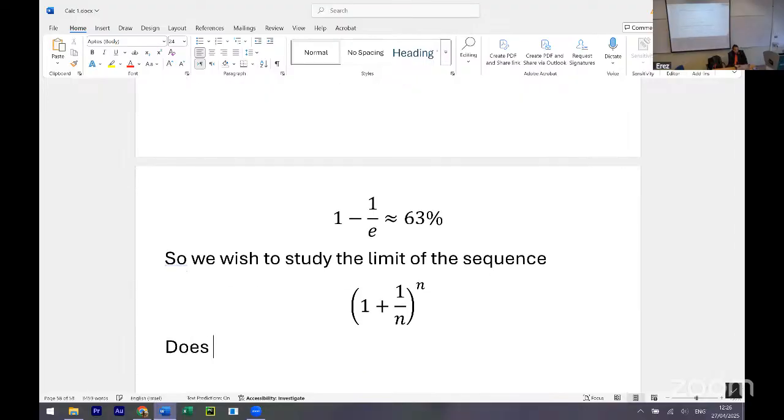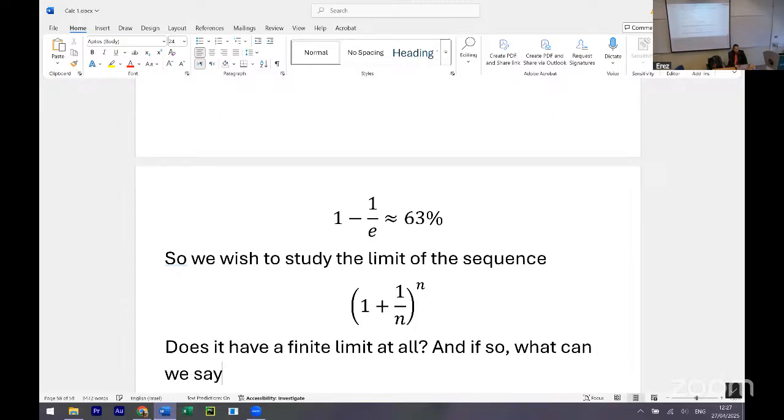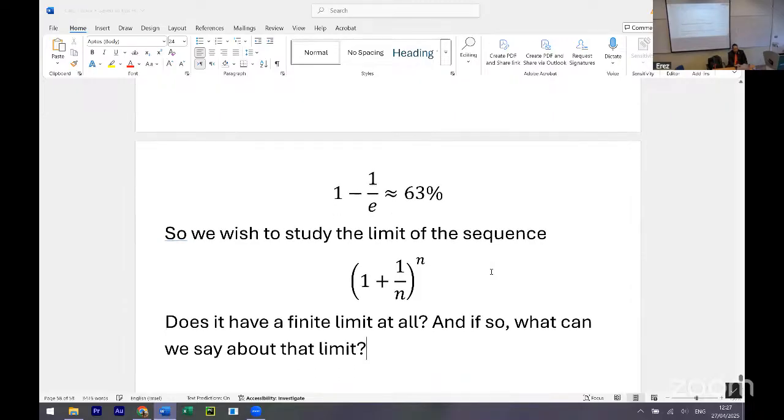Does it have a finite limit at all? Right? Maybe it tends to infinity. Maybe it tends to 0. Does it have a finite limit at all? And if so, what can we say about that limit? Okay, so that's the question. Any questions so far?